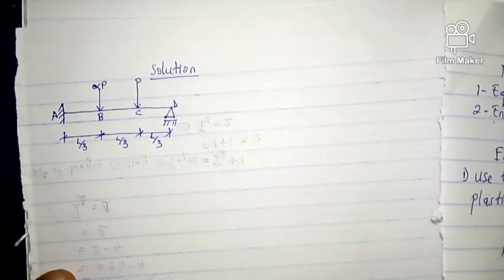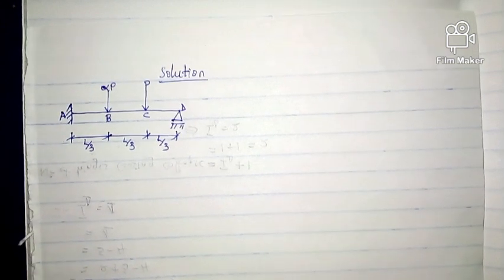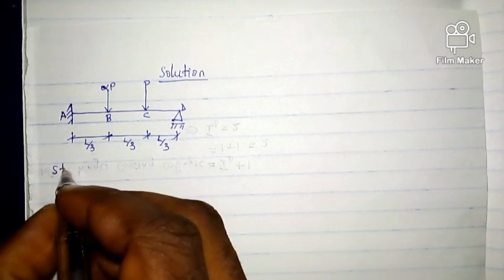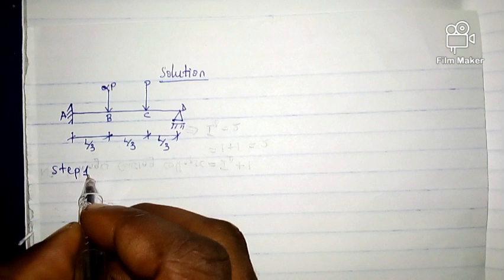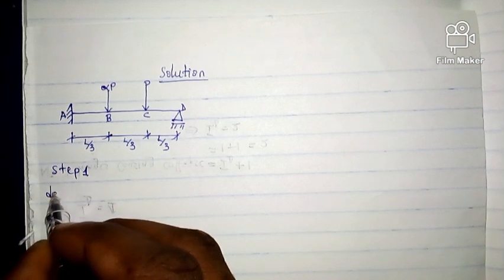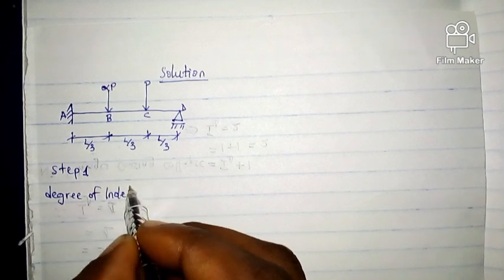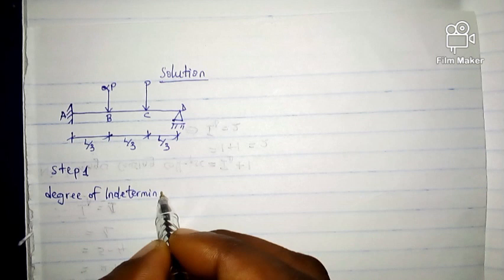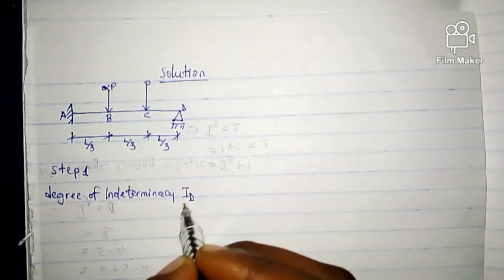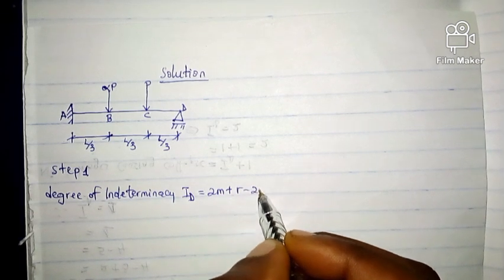Now, the solution. We have this propped cantilever as we have seen. The first step, step one, is to get the degree of indeterminacy of the structure. The degree of indeterminacy, ID, is equal to 2M plus R minus 2N.